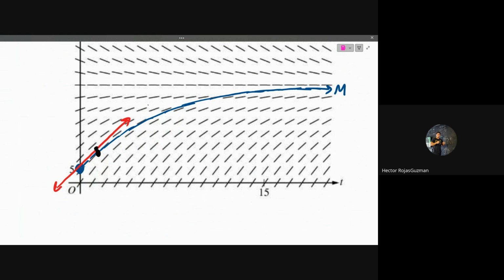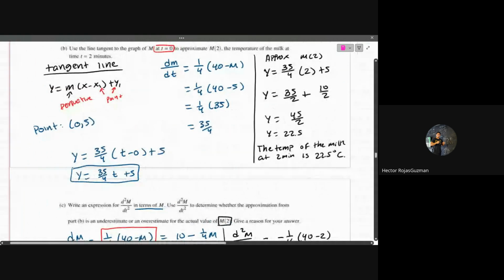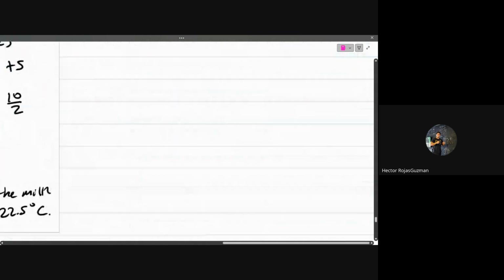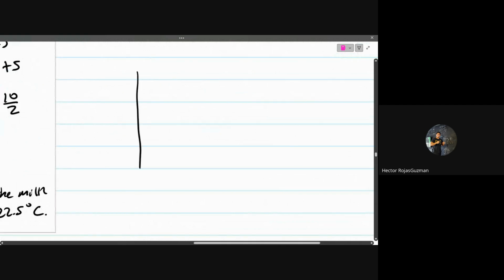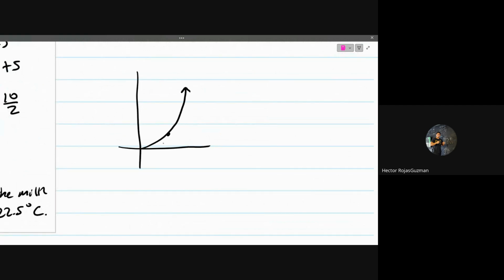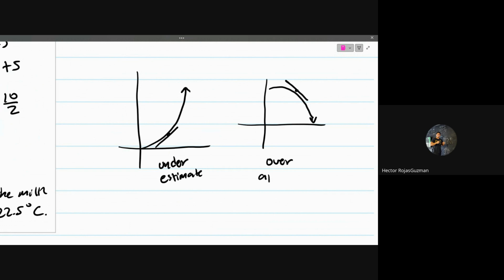So how does this play out with other scenarios? Just on the side, I suppose. If you have a function that is increasing and concave up, then a tangent line approximation would be an underestimate, since our tangent line is below. If our function was decreasing and concave down, the tangent line approximation will be an over approximation.